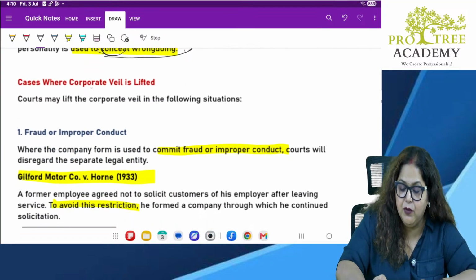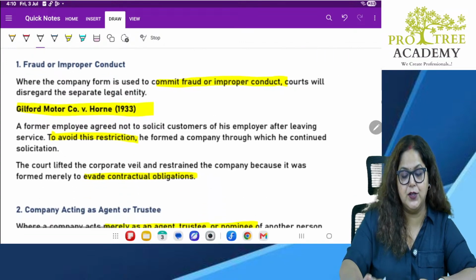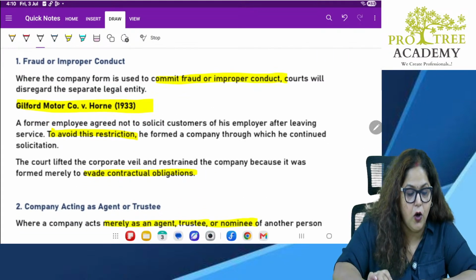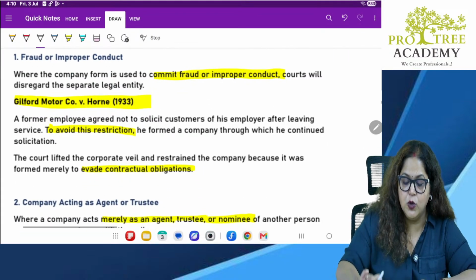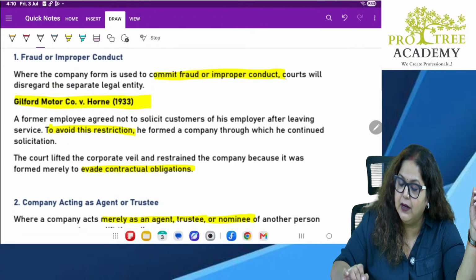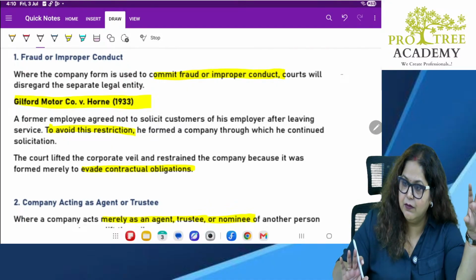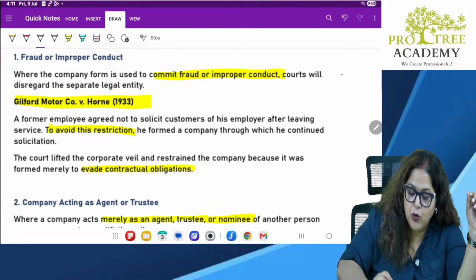Cases where the corporate veil is lifted: courts may lift the corporate veil in the following situations. The first one is fraud or improper conduct. Where the company form is used to commit fraud or improper conduct, courts will disregard the separate legal entity. Yes, already we have seen. So what case is there?